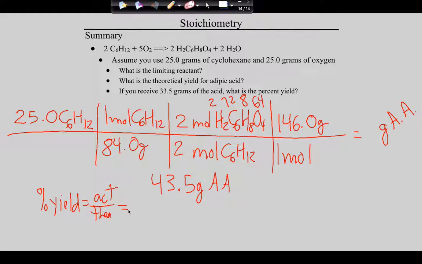The actual is 33.5, the theoretical is 43.5, times 100. What's my number? Technically, it should be 3 significant digits.